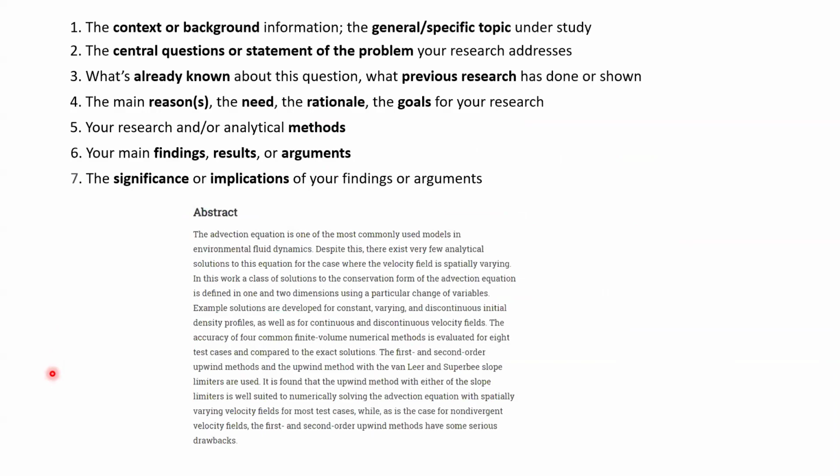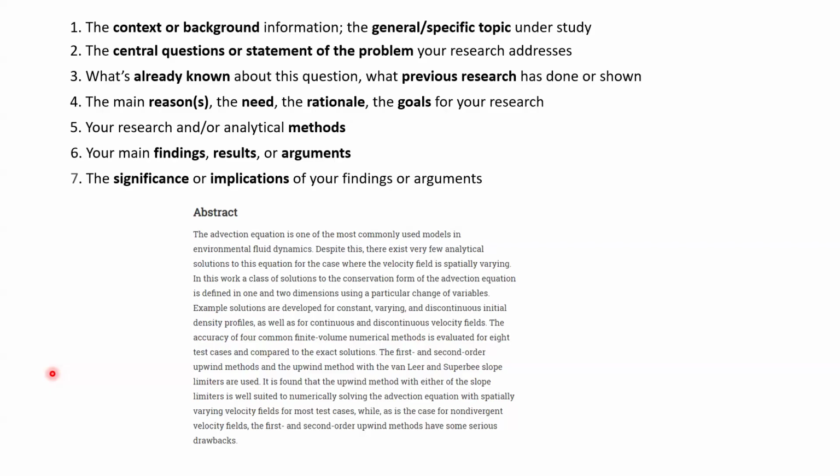Now I would like to give you an example. This is a very simple abstract that I have randomly taken from a research paper. On the top, you have these 7 important components of information to be included in the abstract. Can you identify where these 7 are within this abstract?